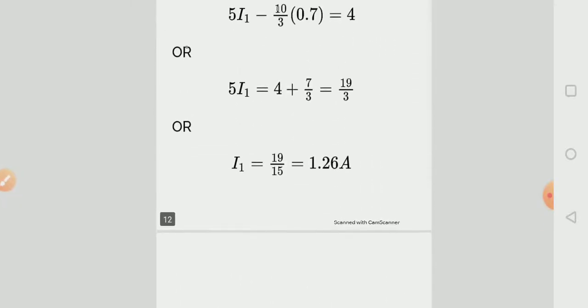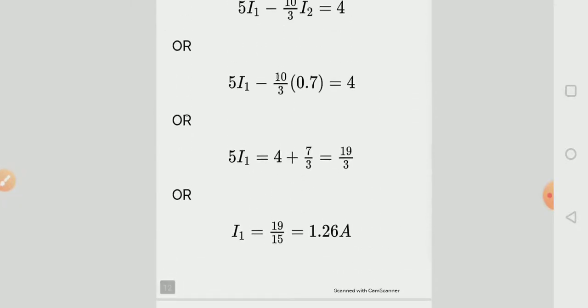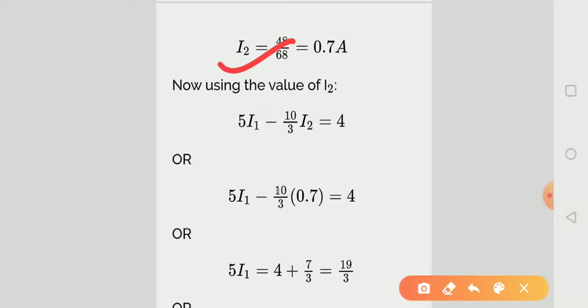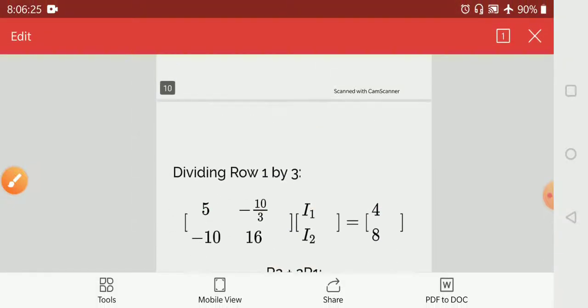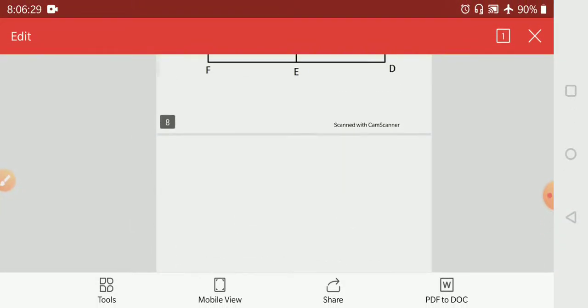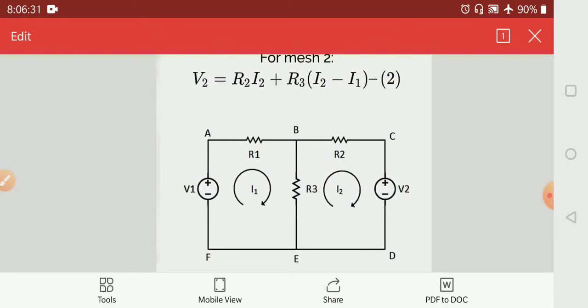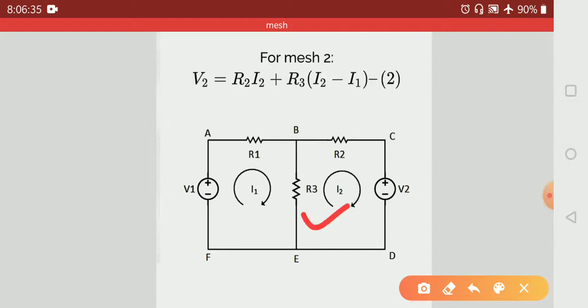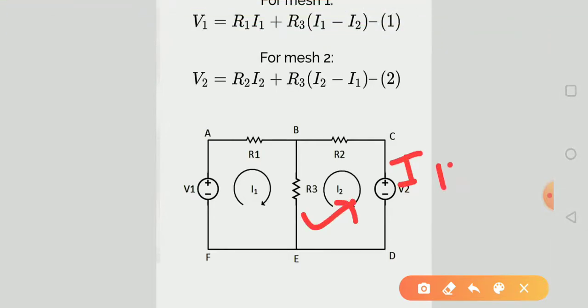So by this we have the two values for the unknown currents I1 and I2. By this we can find the current in the R3 resistance, which is I1 minus I2.